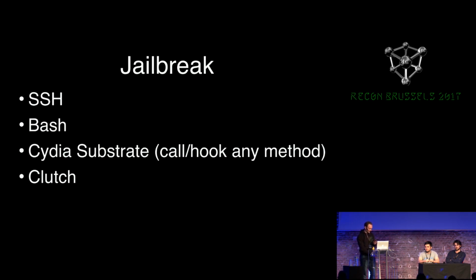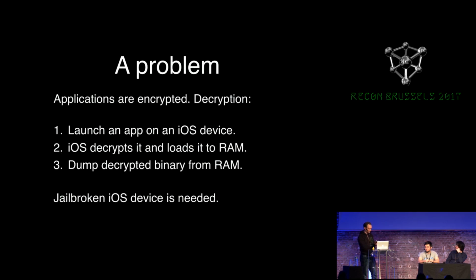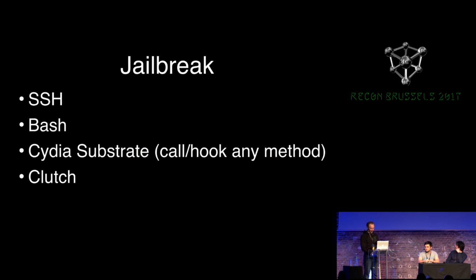What is more, there is a code injection platform called CydiaSubstrate, and it provides an API to call any method from the runtime of any running iOS application, and also allows us to hook any such method and change its implementation. And finally, there is Clutch, an out-of-the-box tool to decrypt and dump iOS applications.